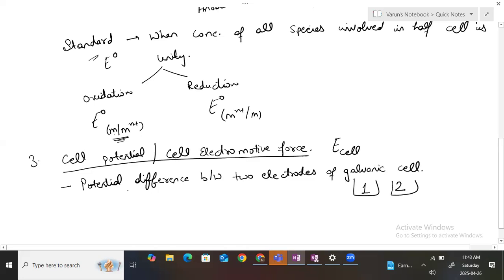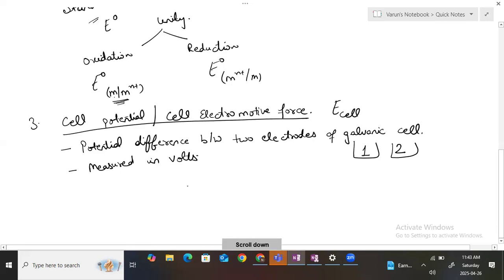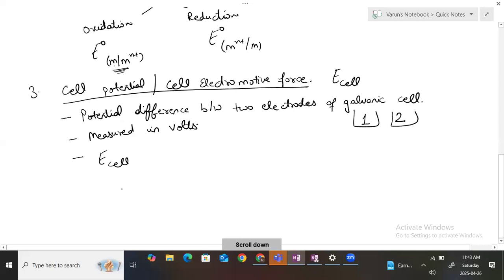The cell potential is always measured in volt. Volt is the unit for cell potential, represented by E cell. We call cell potential the cell electromotive force when no current is drawn from the cell. It only happens when there is no current.